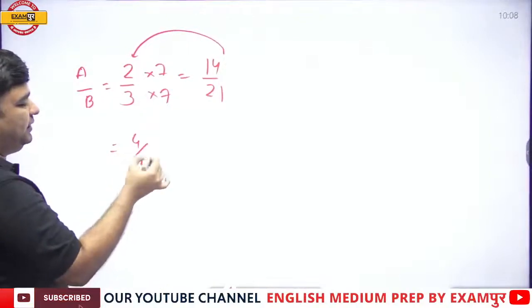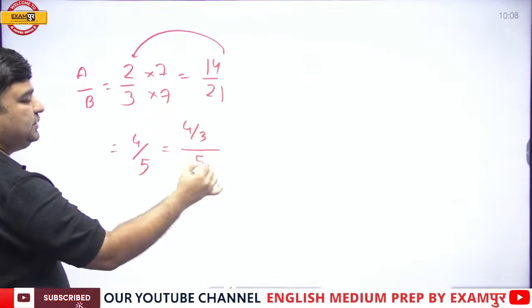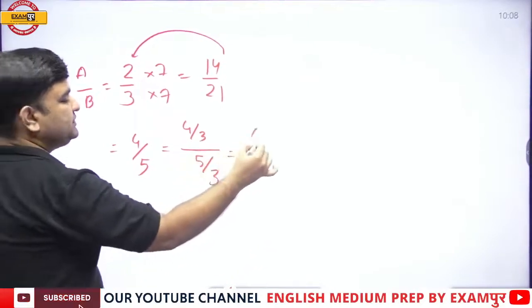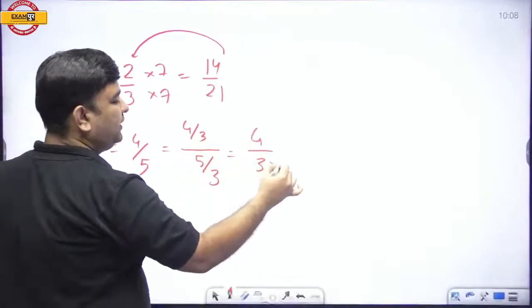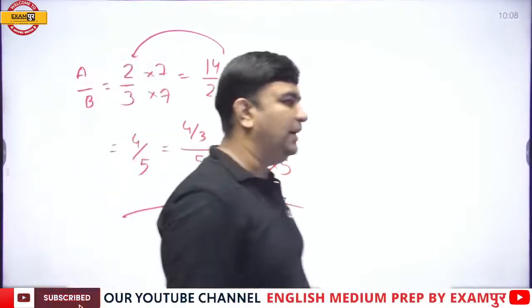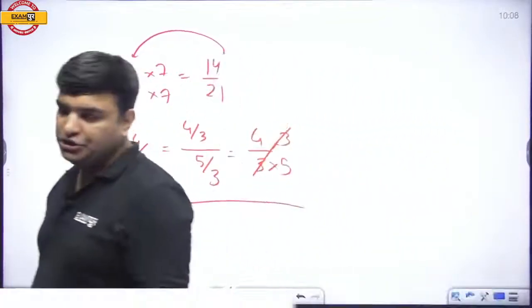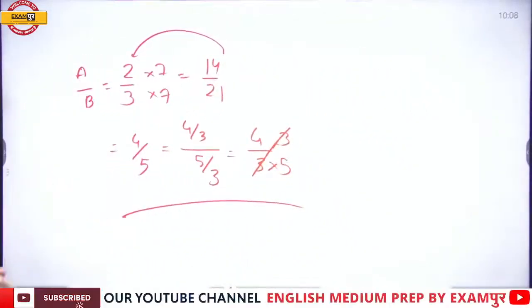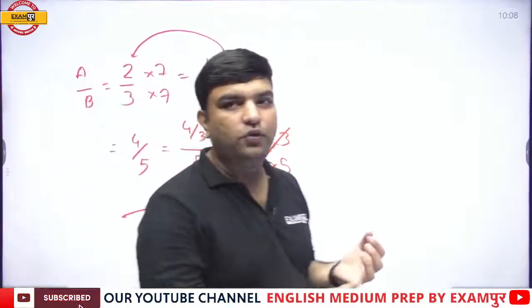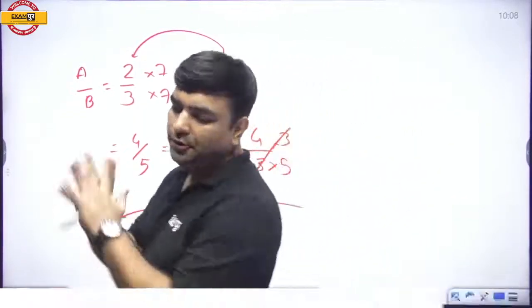Divide both terms by 3, so it is 4/3 : 5/3, again 4:5. So a ratio can be multiplied or divided by any number. It will not create any change in the ratio. A ratio is a comparison of two similar quantities, and ratio in itself is a unitless quantity.